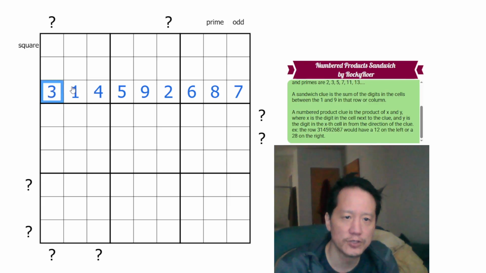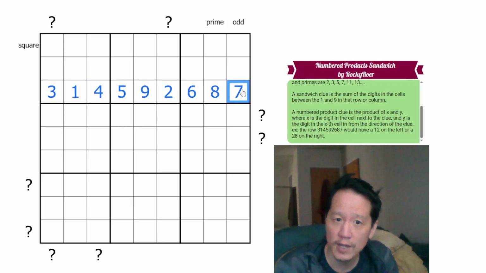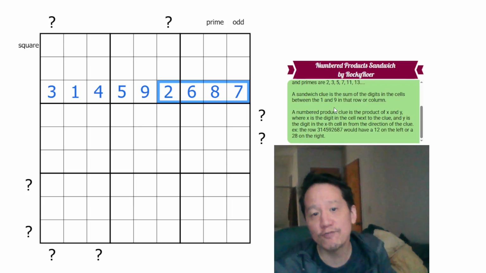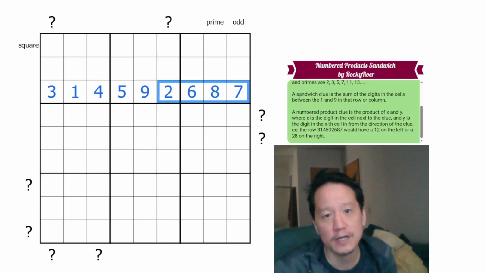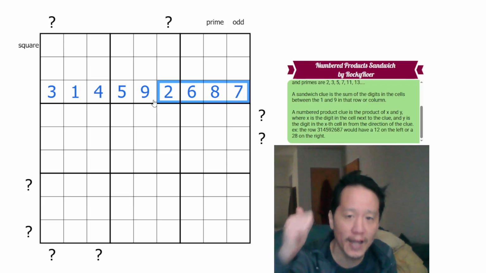So this would be 3 times 4 if you look at it this way. If you look at it this way, x would be 7 because it would be here, and the 7th digit would be 4. So the 7 would be multiplied by the 4, which would give you 28 as the numbered product clue. And remember, every clue outside the grid is both a sandwich clue and a numbered product clue.